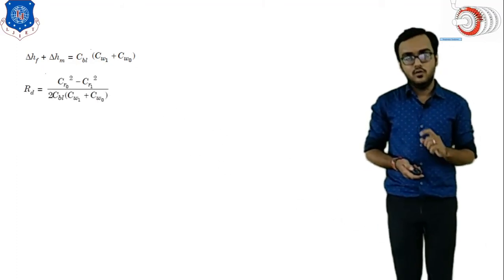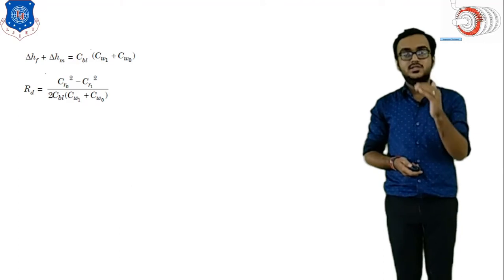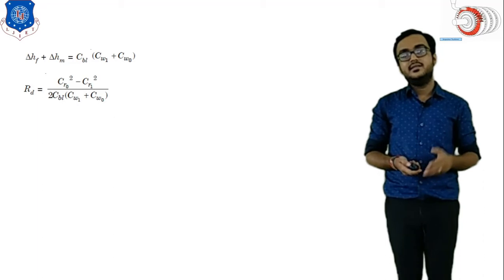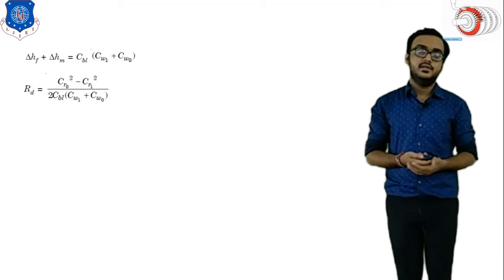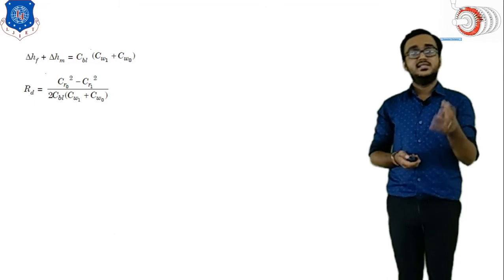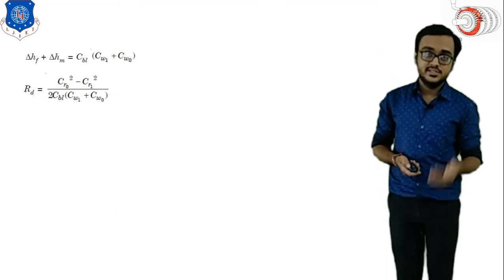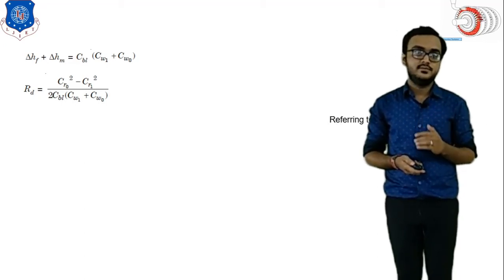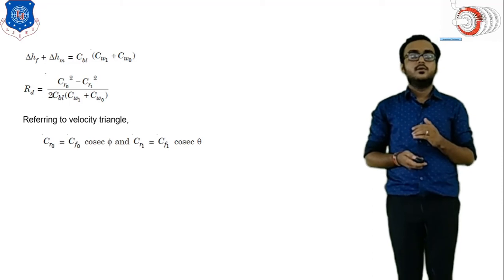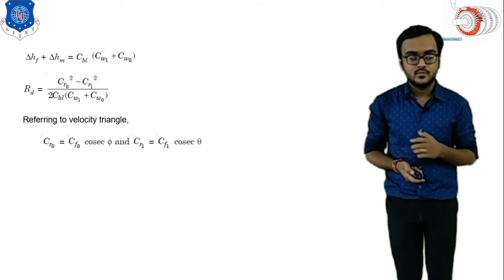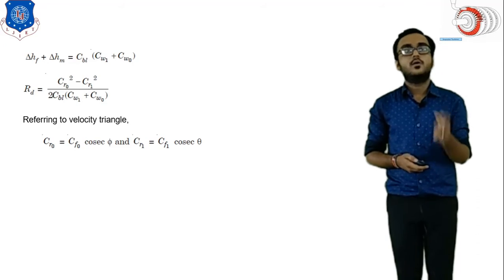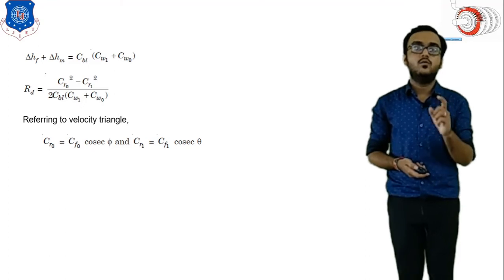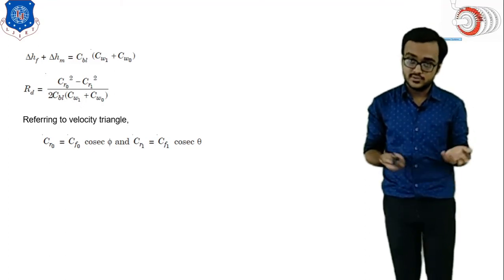Now put the value of delta Hm and the summation of delta Hf plus delta Hm in the Rd equation. So you will get this kind of expression: Rd is equal to (Cr0 square minus Cr1 square) divided by 2 times Cbl (Cw1 plus Cw0). Now recall the velocity triangle. From the velocity triangle you can say that CRO is equal to Cf0 cosec phi and CR1 is equal to Cf1 cosec theta.